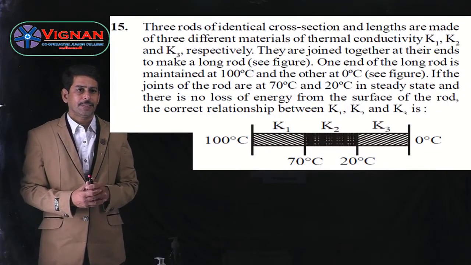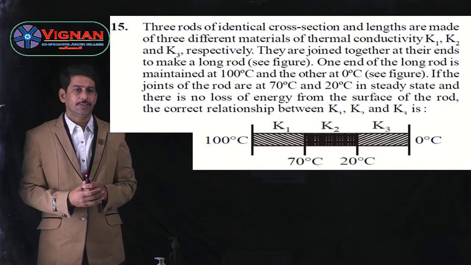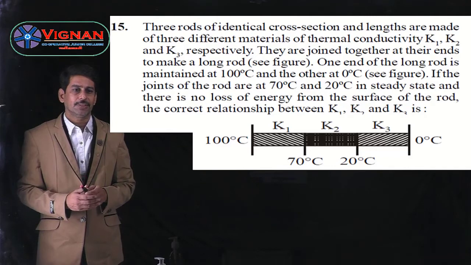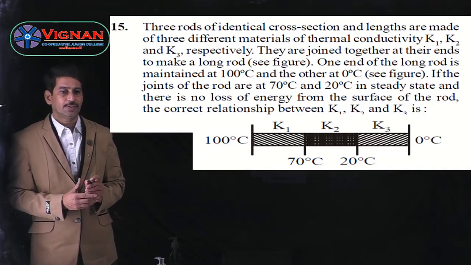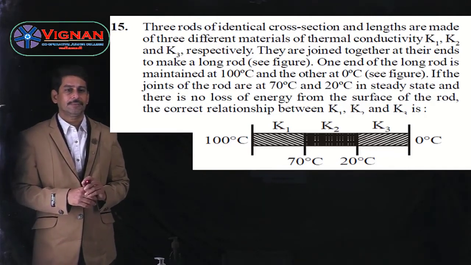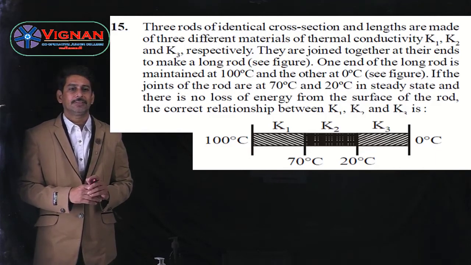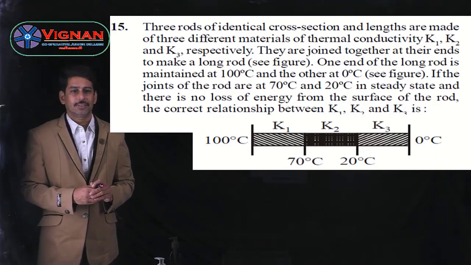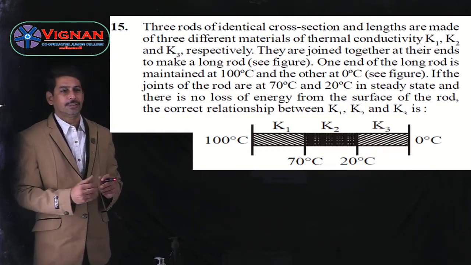3 rods of identical cross section and length are made of 3 different materials of thermal conductivities K1, K2 and K3 respectively. They are joined together at their ends to make a long rod. One end of the long rod is maintained at temperature 100 degrees centigrade and the other end at 0 degrees centigrade. If the joints of the rod are at 70 degrees centigrade and 20 degrees centigrade in steady state and there is no loss of energy from the surface of the rod, the correct relation between K1, K2 and K3 is.